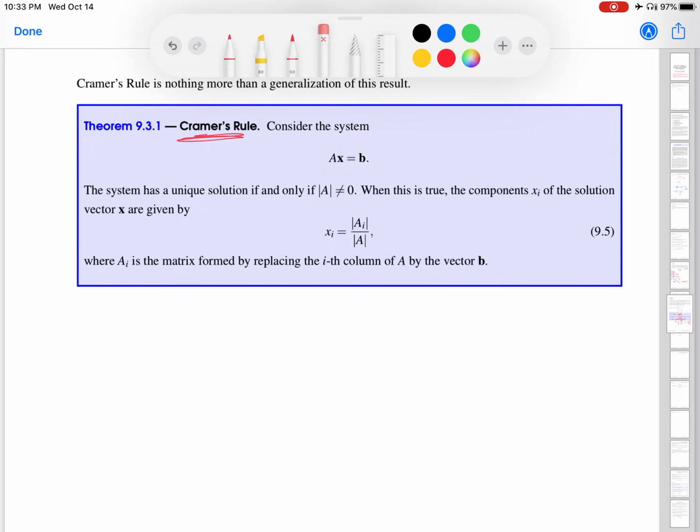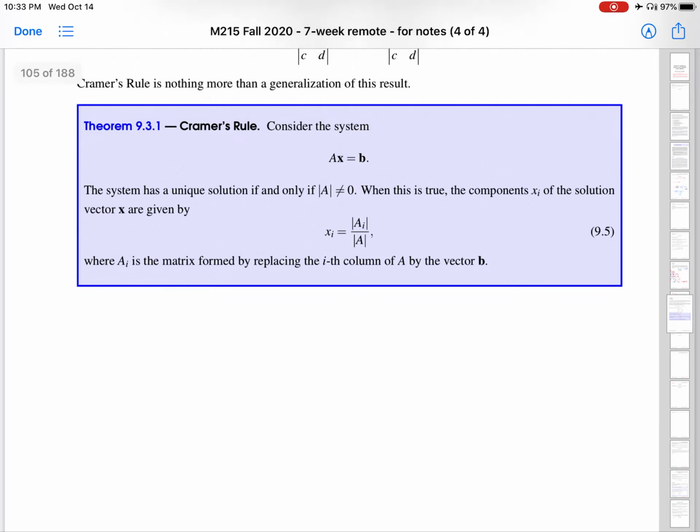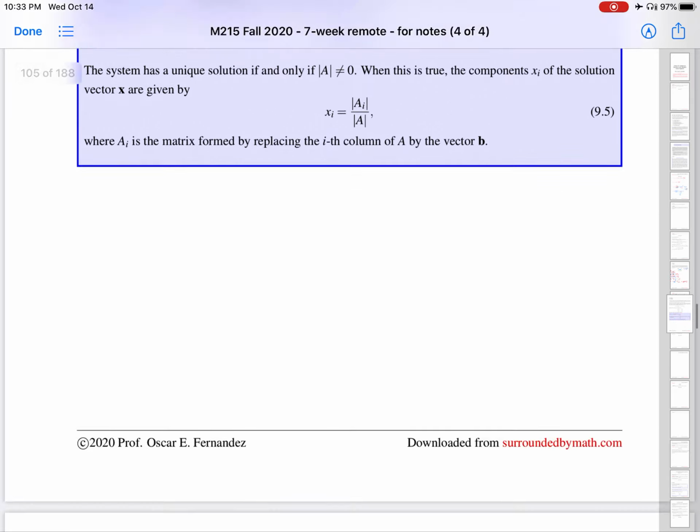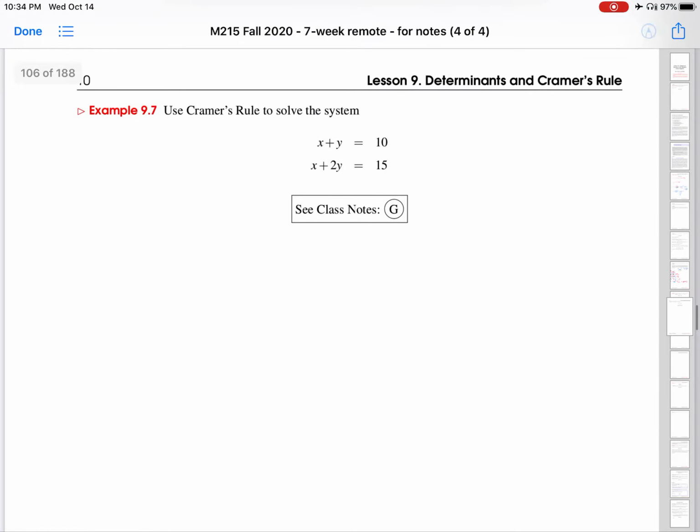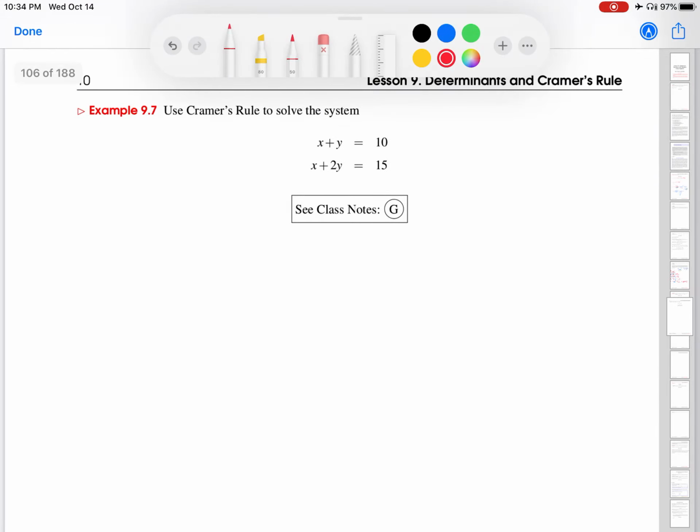So I will erase all this and then scroll back down. Okay, so we'll scroll down here to this example. First thing we will check, even though it says use Cramer's rule, which implies that this is a problem that you can actually apply Cramer's rule to, I'll just check the determinant condition anyway.